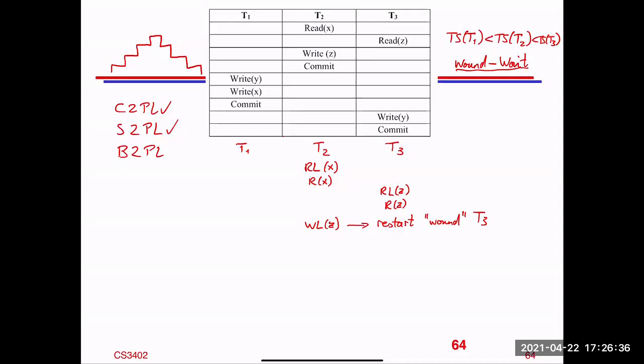All right, and therefore we're releasing, or we can just say unlock Z. I can explicitly mention here that we're also unlocking the lock of Z, because T3 is being restarted. And all right, so now we can write Z.